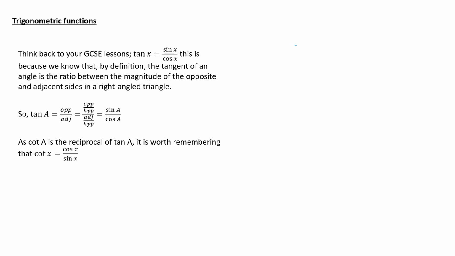Easy peasy for you guys with a calculator, but it's worth remembering that cot, being the reciprocal, will reciprocate that fraction. So instead of being sine over cos, it is cos over sine. And you won't find that written down in your formula booklet, but you do need to remember it.